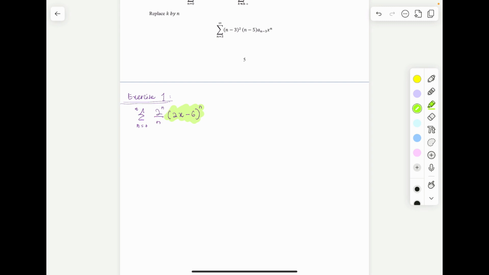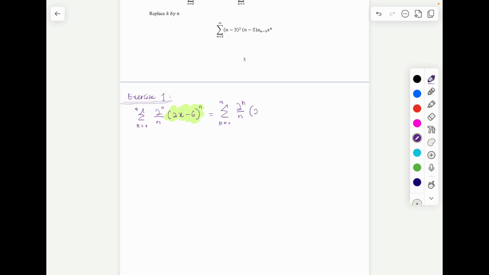So that means you need to make some adjustment on the power series first before we can proceed on finding the limit and then the radius of convergence. We need to make the x alone. How can we adjust to make the x alone? Okay, so we can factor out the 2.